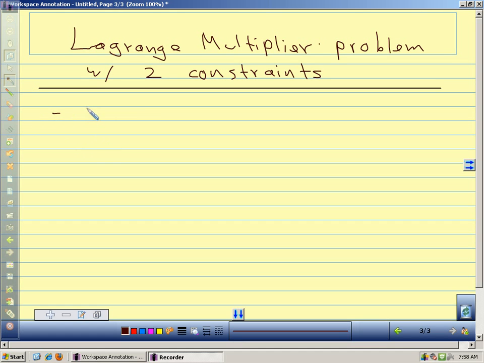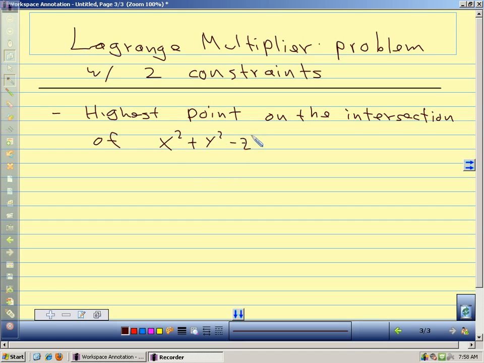So on this problem, we want to find the highest point on the intersection of a cone, x squared plus y squared minus z squared equals 0, and the plane x plus 2z equals 4.